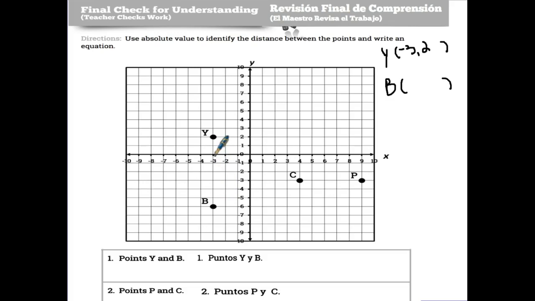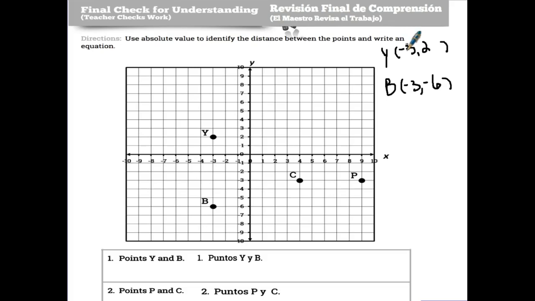For B, my x coordinate is still -3. So my x coordinate did not change. That looks like a T. I was starting to put another parenthesis and I realized I already had one. -3. And my y coordinate is -7.